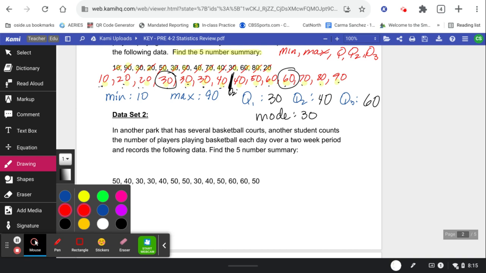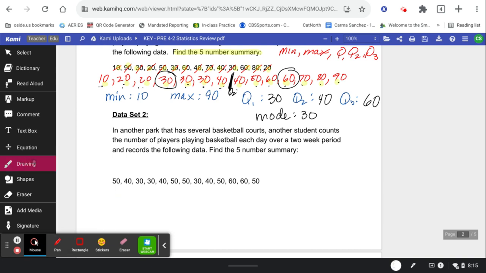Okay, let's go look and see if it's in order. It is not in order, so we have to put it in order. What's the smallest value this time? It looks like a 30. Okay, and then what comes next would be 40. And then next it looks like 50.